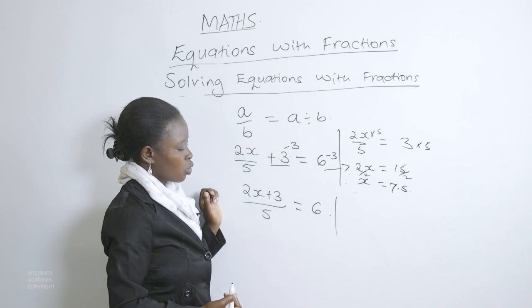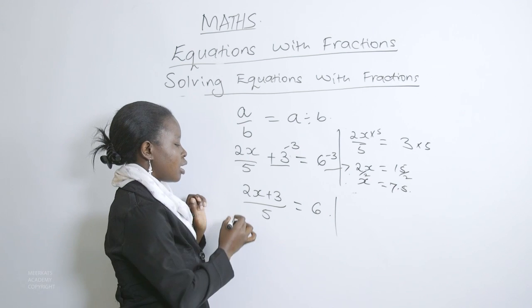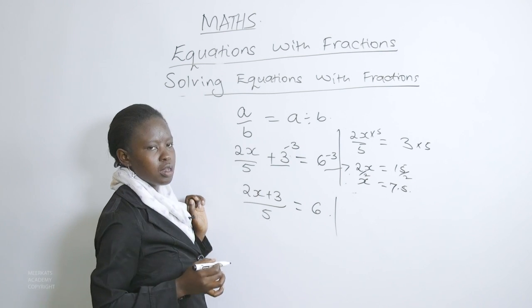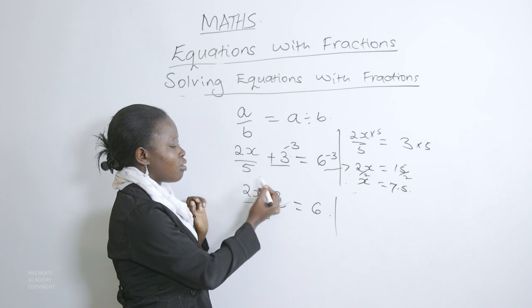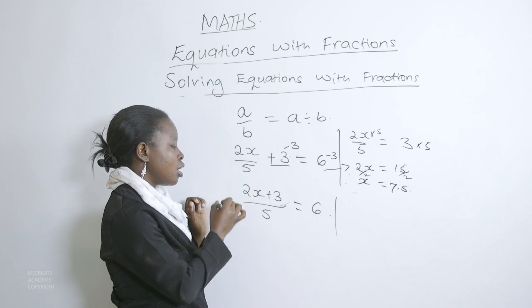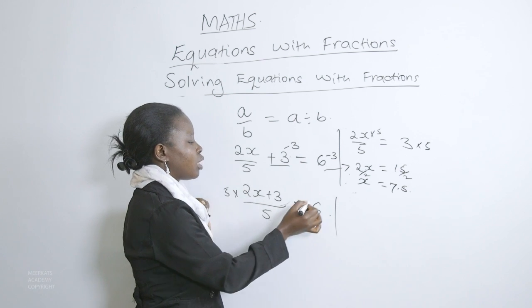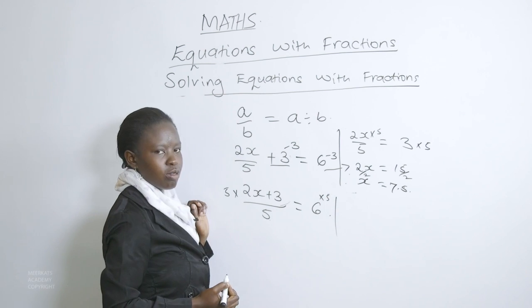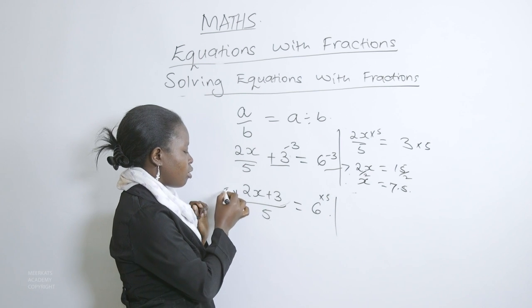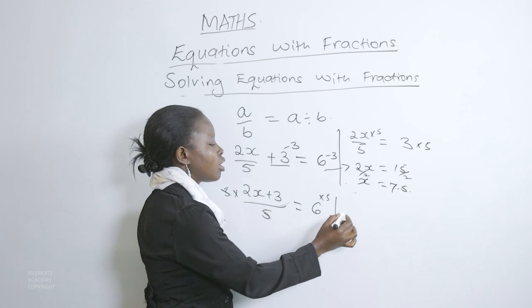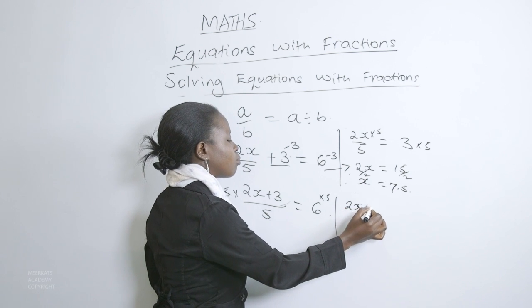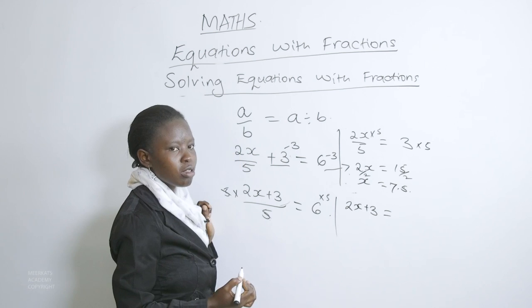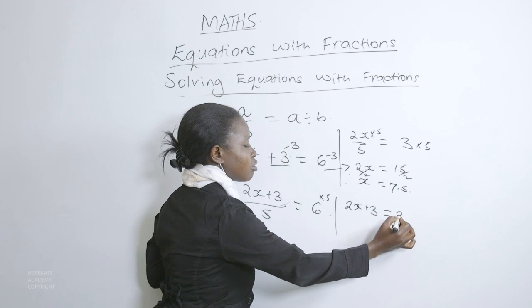In the second situation, the first step carried out is multiplication by the denominator, because our denominator is covering everything on the left-hand side. So you first start by multiplying by the denominator on both sides, which is 5, so that the 5s cancel out and you are left with 2x plus 3 equal to 6 times 5, which is 30.